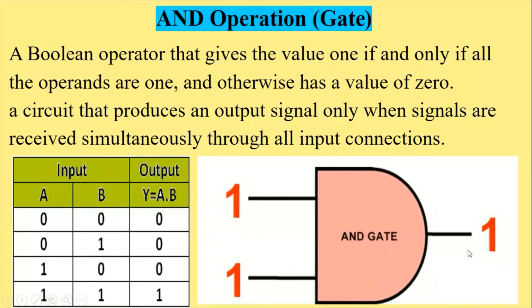As we can see in this picture, if both are 1, the output will be 1. If there is 0, 1, the output will be 0. If there is 1 0, 0 0, 0 1, the output is also 0.